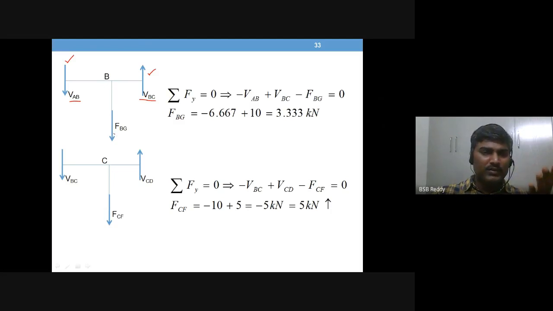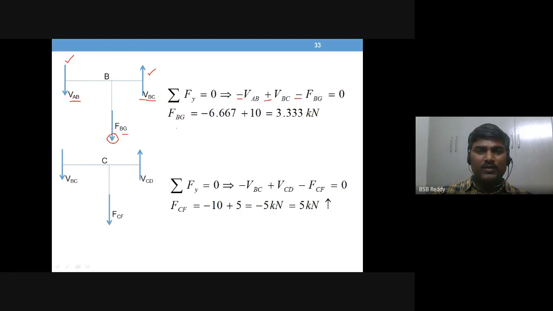Axial load is your wish. Either you assume it as downward or upward, it doesn't matter, because it will be corrected automatically when you solve it. Taking some direction as positive, here I have taken upward positive. So VAB is downward, so we write minus, and VBC upward we write plus, then again this is downward so we write minus.